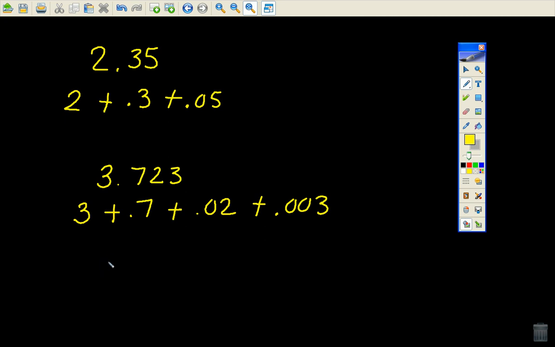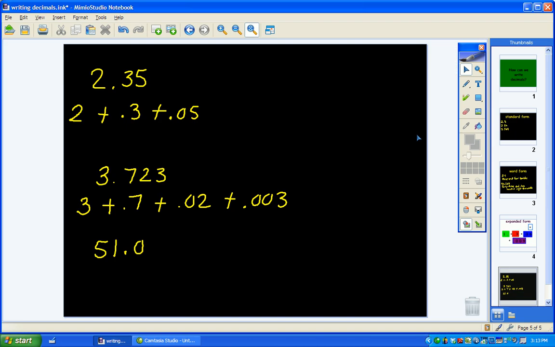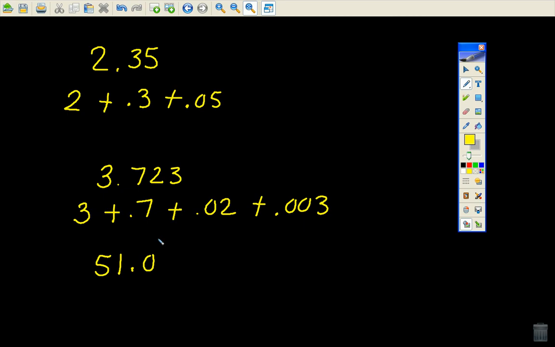Now here's a tricky one. Let's try this right here. Okay, I want you to just try it on the student side, and then we will come together and practice it. Just pause me.